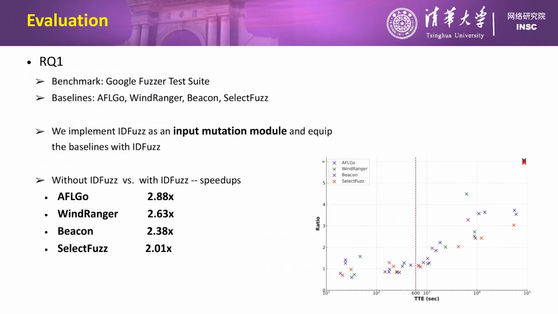Notice that we didn't build IDFuzz as an independent fuzzer. Instead, we implement IDFuzz as an input mutation module and equip the baselines with IDFuzz. And we can see that IDFuzz gives at least 2 times speedups to these baselines in reproducing targets in the Google Fuzzer Test Suite.